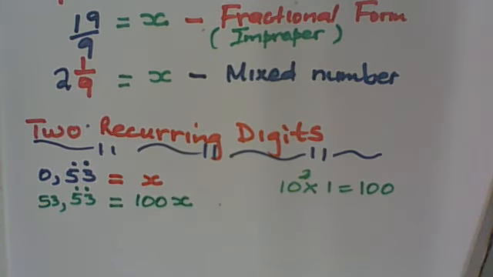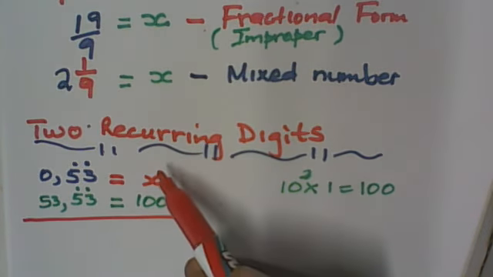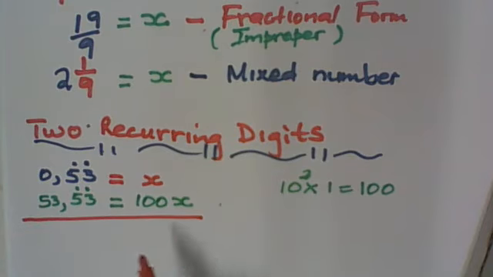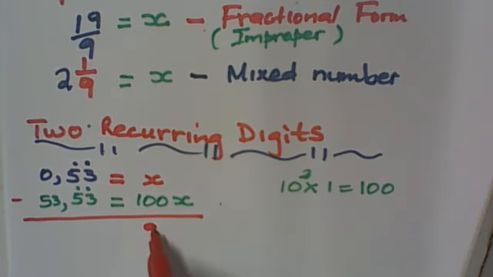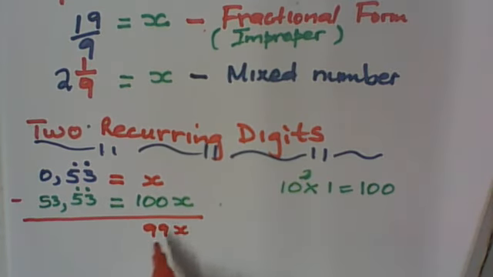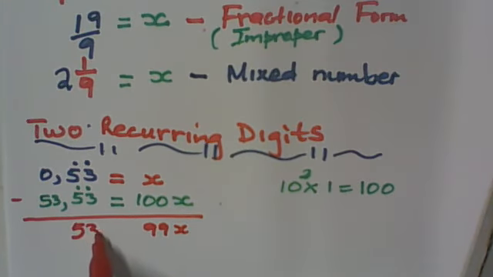So when you multiply by 100, that will be 100x. So what do we do? We subtract the lesser one from the bigger one. This minus that gives you 99x. And then this minus that gives you 53.